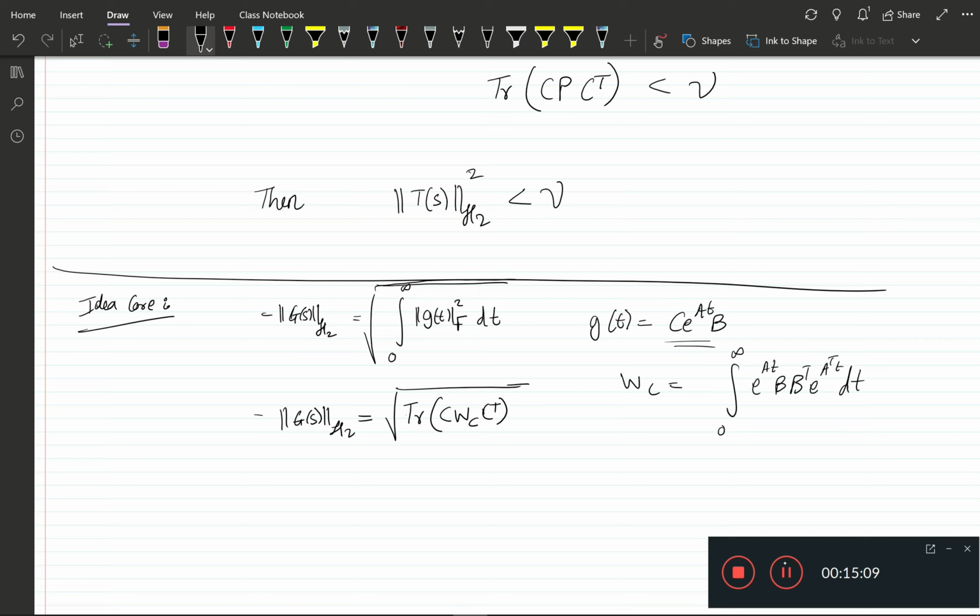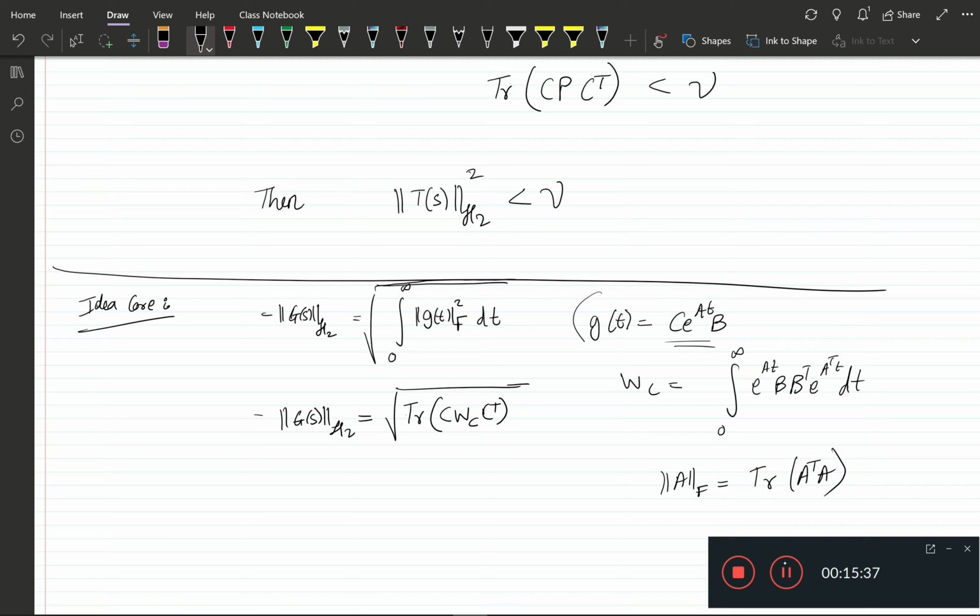You can clearly see that if we substitute this here, we get the controllability gramian inside this, and the Frobenius norm of a matrix is given by the trace of A transpose A.